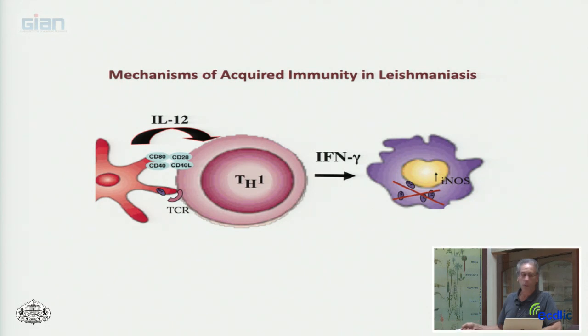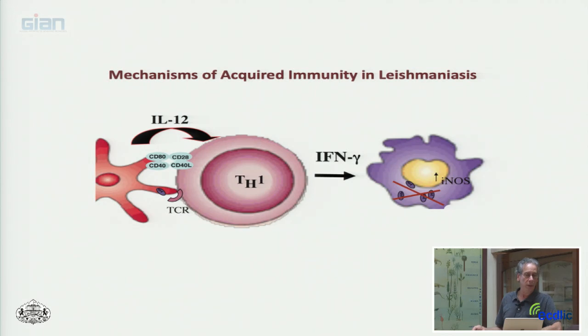So probably 3 signals are required to get strong Th1 development: the T cell receptor recognizing antigen, these co-stimulatory molecules, and IL-12 cytokine.